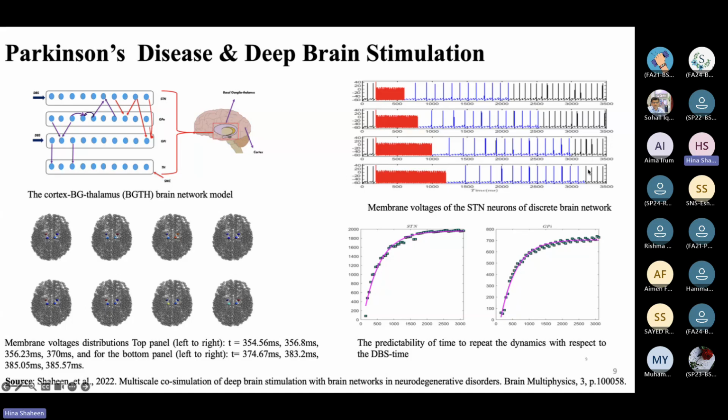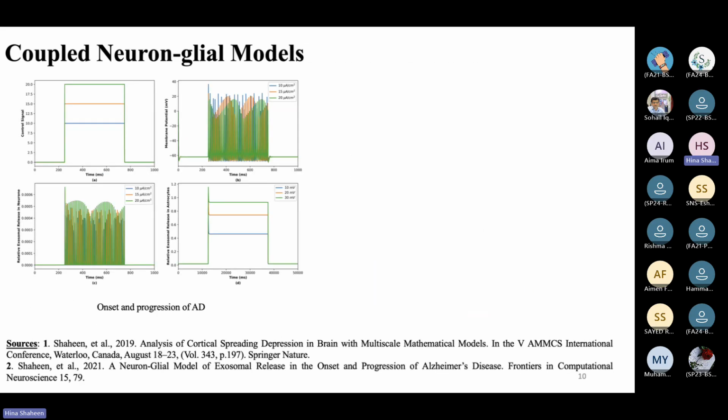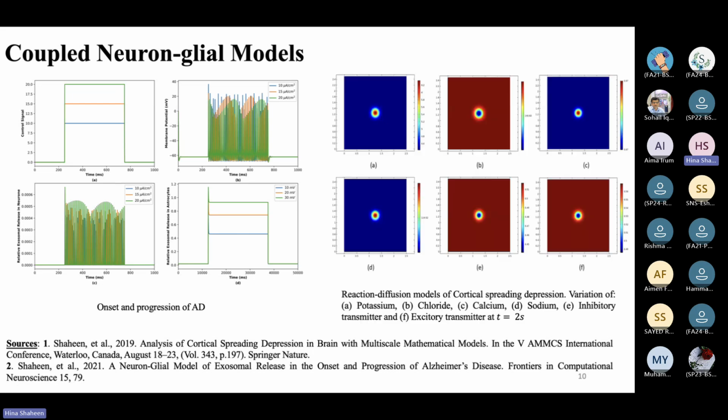So we predicted that if we increase the time interval for deep brain stimulation, the brain will maintain a healthy state for a sufficient period of time. And these are the predictability patterns of the subthalamic nucleus and globus pallidus internus with respect to the deep brain stimulation time.